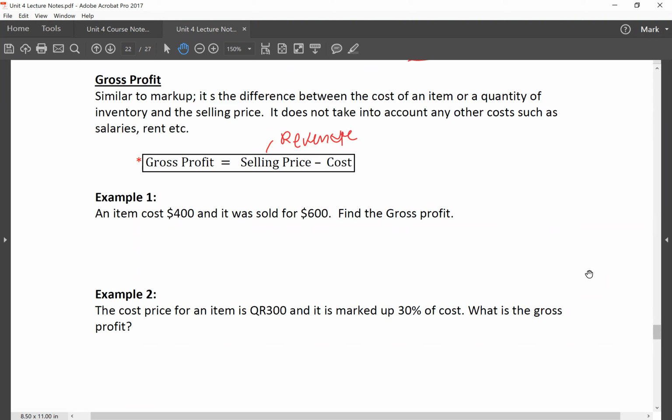You paid $400, sold it for $600, you made $200. Easy. So the gross profit is selling price, you sold it for 600, it cost 400, $200. Easy. Okay, no problem.